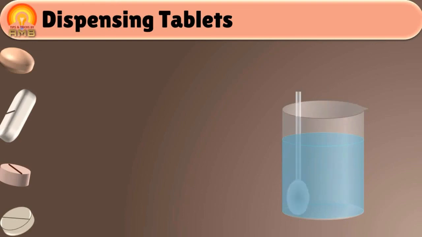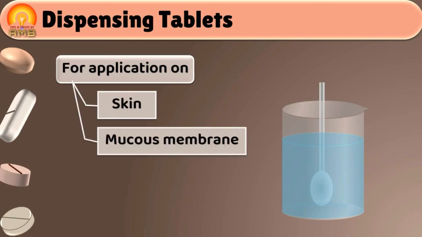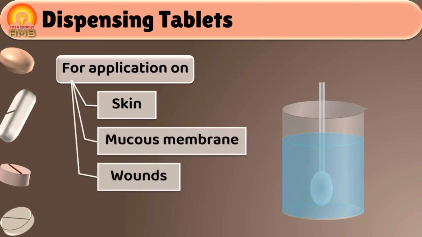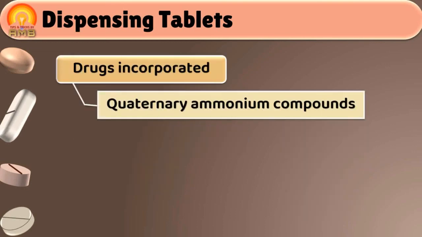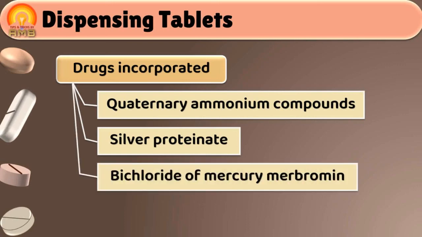The solution is then given to the patient for application on skin or mucous membrane or wounds. Drugs which are incorporated in this form are quaternary ammonium compounds, silver proteinate, and bichloride of mercury, merbromine.